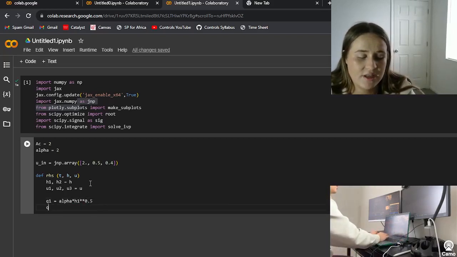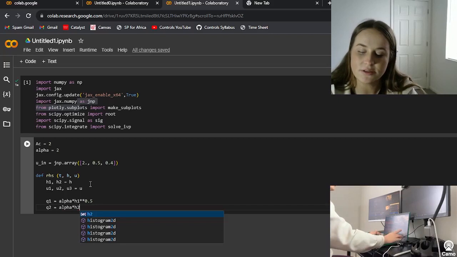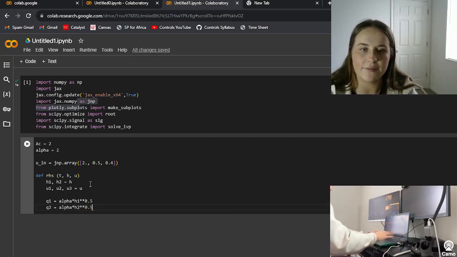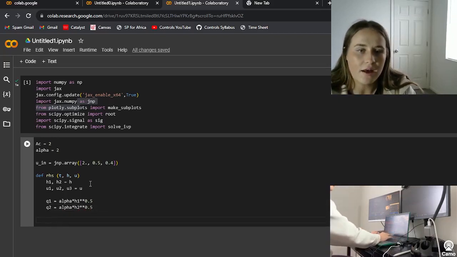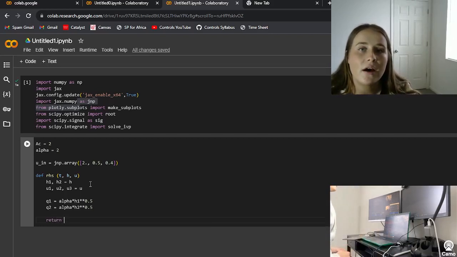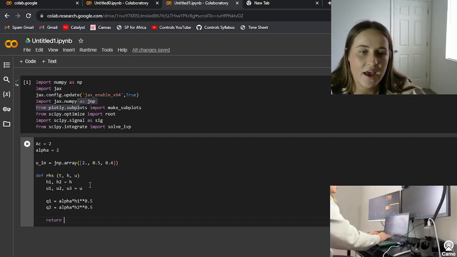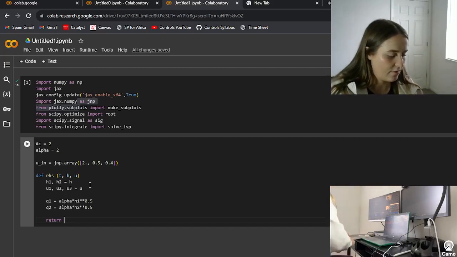And Q2 is just the same, but with H2, so alpha times H2 times the square root of 0.5. And then here we can just return this, and this will be the equations that I worked out in the previous section of this video. So we first have, let me make sure I have this right.